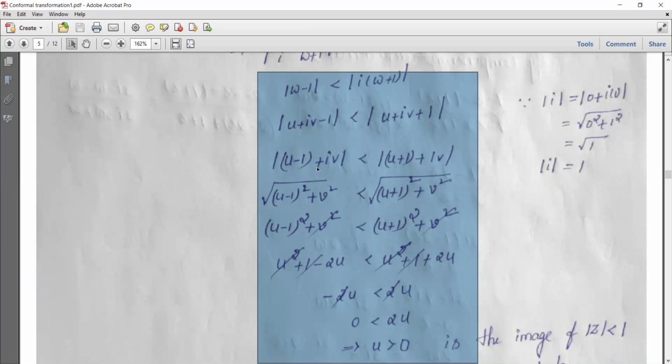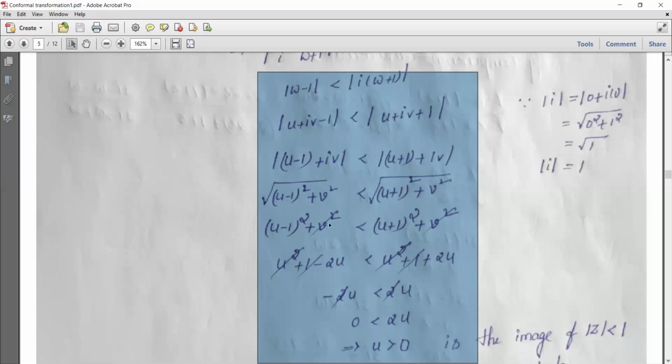Again, using the formula, modulus of x plus iy is the square root of x square plus y square. Here it is the square root of (u minus 1) whole square plus v square, less than the square root of (u plus 1) whole square plus v square.